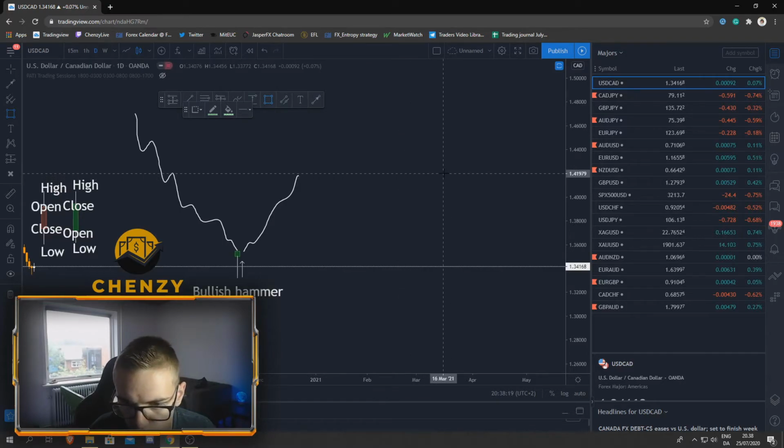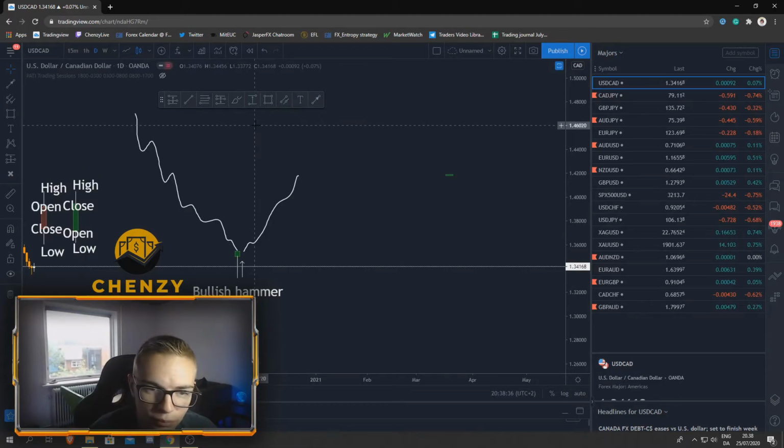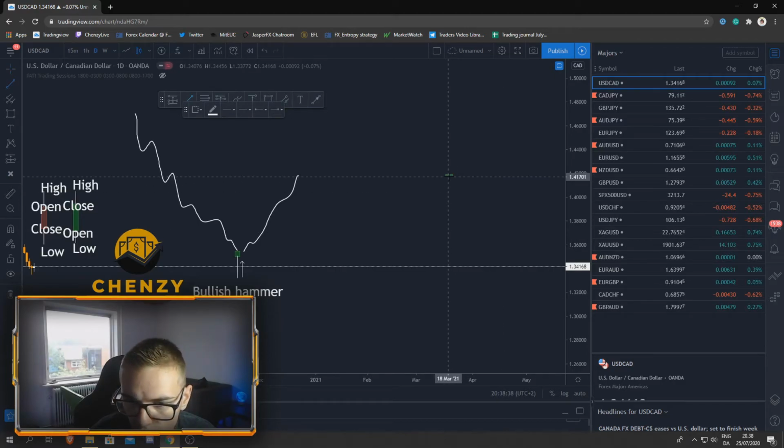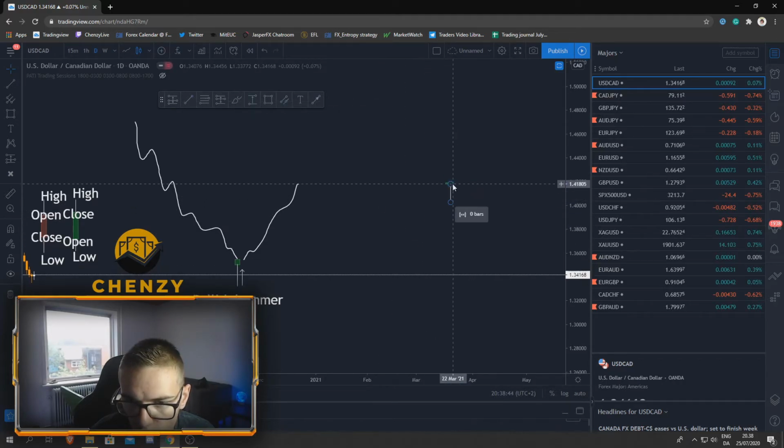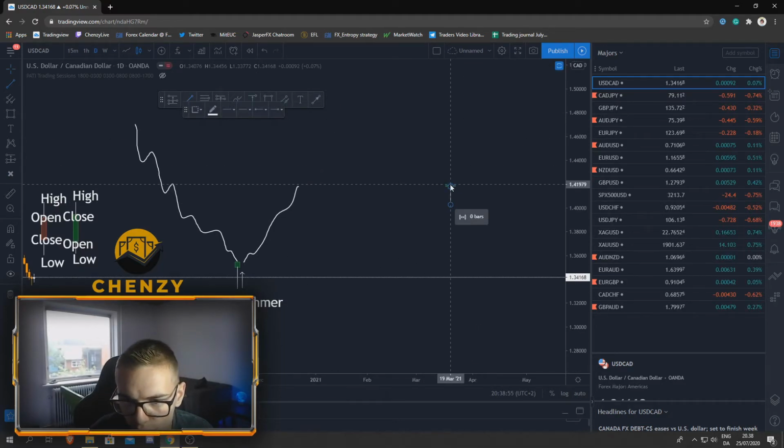We have a small body. A doji has a very small body, and it doesn't matter what color the body is, because it is so small that it is practically irrelevant. And a doji will have a long wick, like this. And usually it will have long wicks on each side.